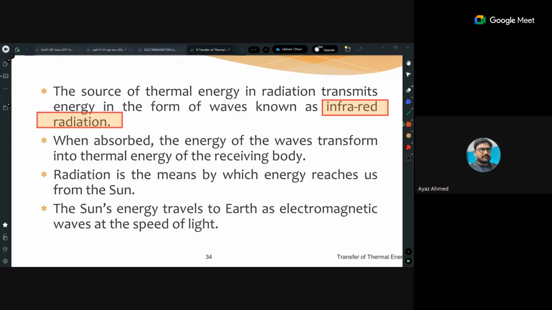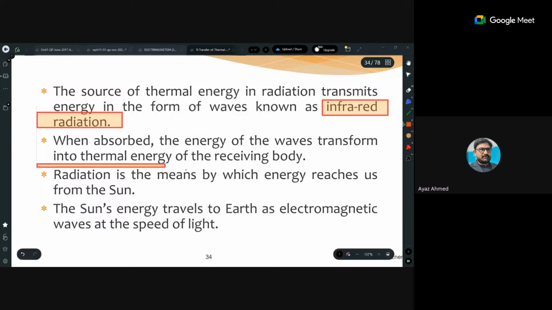And when the waves absorb the energy, what happens? The molecules radiate some infrared radiation, and those infrared radiations travel through the vacuum and through the medium. That's why we can say that heat is transferred from the sun in the form of radiation.